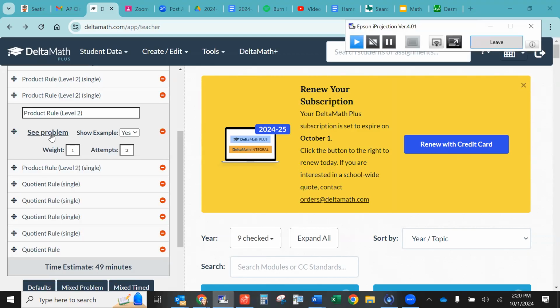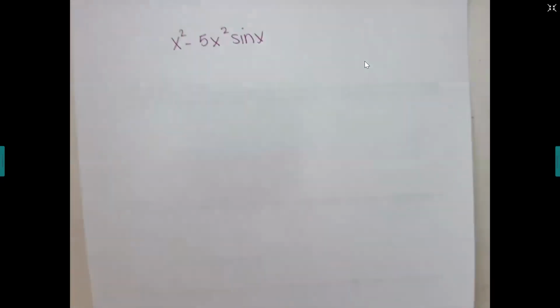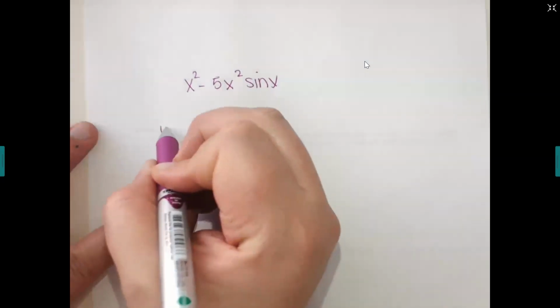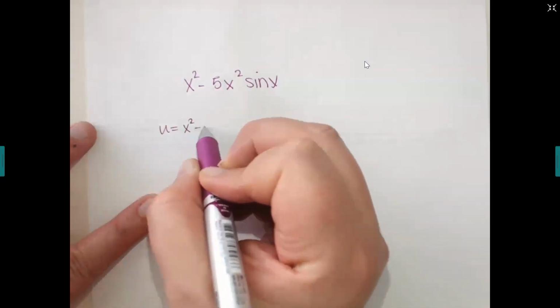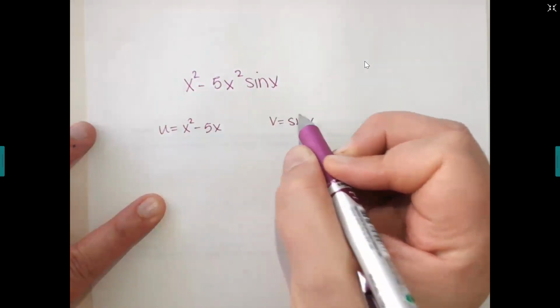Okay. So the question is x squared minus 5x squared sine x. Here is the question that I want us to do together real quick. Watch and tell me if this is right or wrong. My u is x squared minus 5x. My v is sine x.